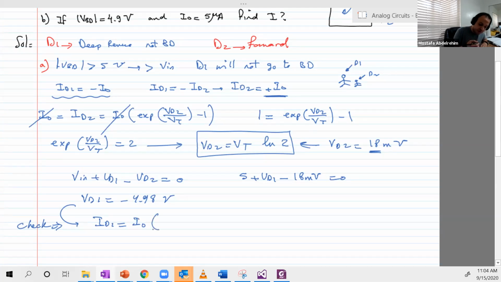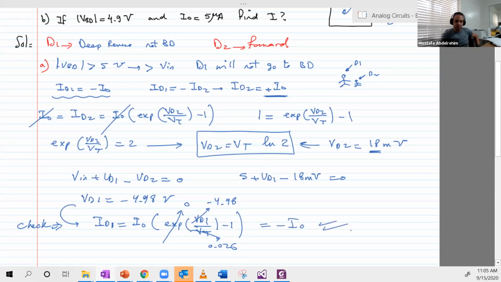We don't need to know it, since the required was only the VD1 and VD2. I naught exponential VD1, I'm sorry, ID1, over VT minus 1. VD1 is minus 4.98. This guy, VT, is 26 millivolts. So this is like e to the power minus infinity. So this will be 0. So this is minus I naught, which proves our assumption is correct.